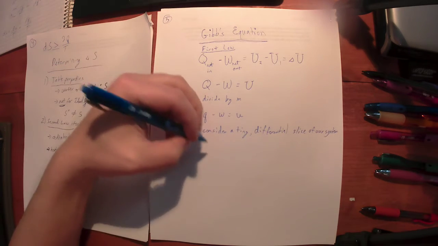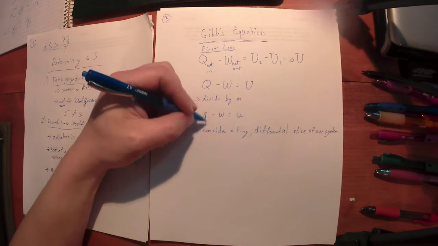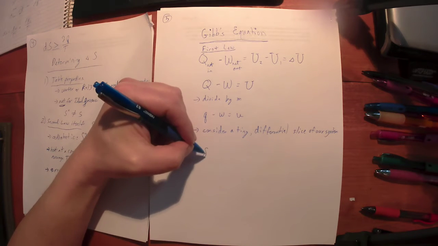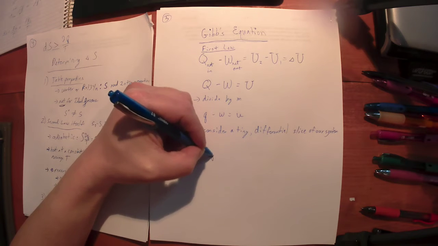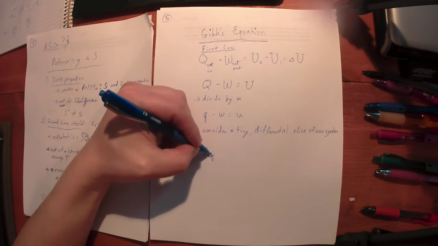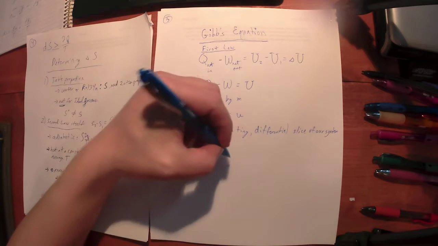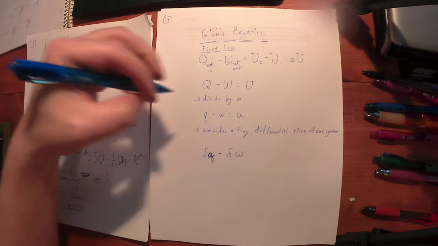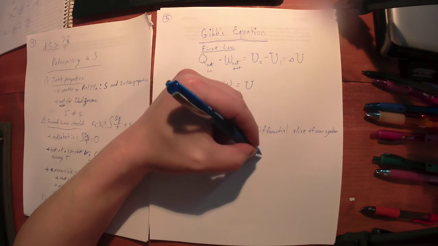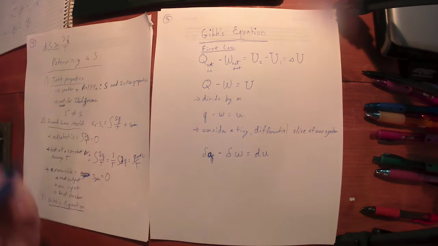So we just look at a differential size slice, right? Not a whole system. Well, if I just look at a tiny bit of the system, then I'm going to be looking at a tiny amount of heat transfer, a dq if you will, minus a tiny amount of work, dw, is equal to du, a tiny little change in internal energy.